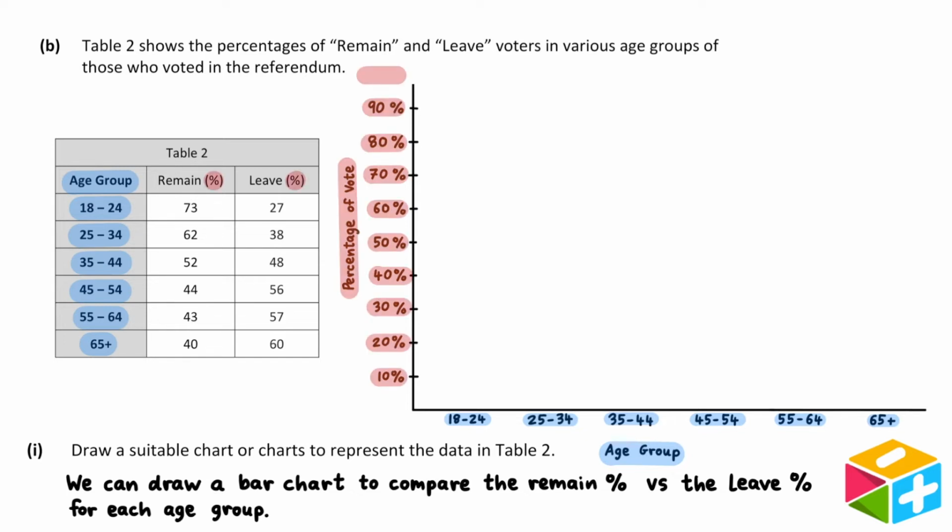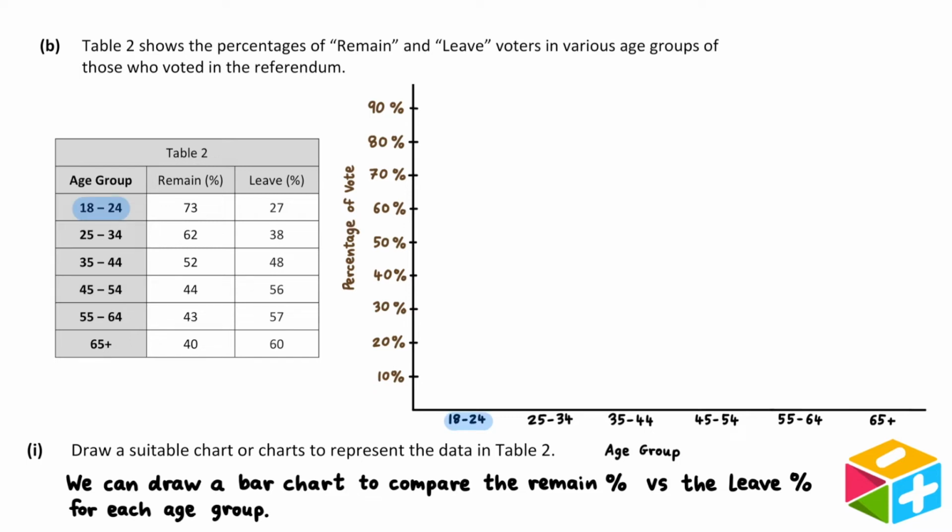I'll label the vertical axis with the percentage of vote. The idea here is that for each age group, there's two percentages that we're concerned with. The percentage that voted to remain and the percentage that voted to leave. We can draw two bars side by side to represent this.